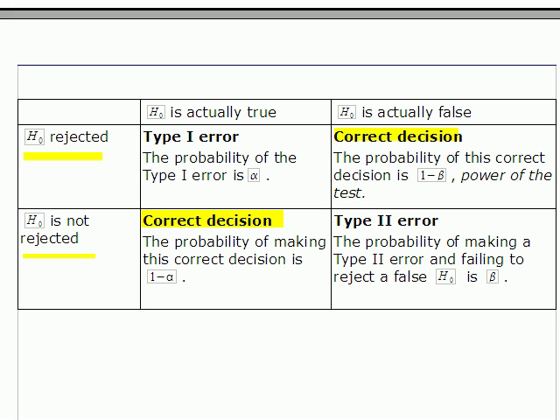Type 1 error: you rejected a valid null hypothesis. The probability of this type 1 error is alpha. In the lecture notes I have some examples in these boxes, but it's too complicated to show here on a slide. For the type 2 error, the probability of making it is beta. For the correct decision here, the probability is 1 minus beta, again called the power of the test. We aren't going to do anything with that. We're only going to work with the alphas.